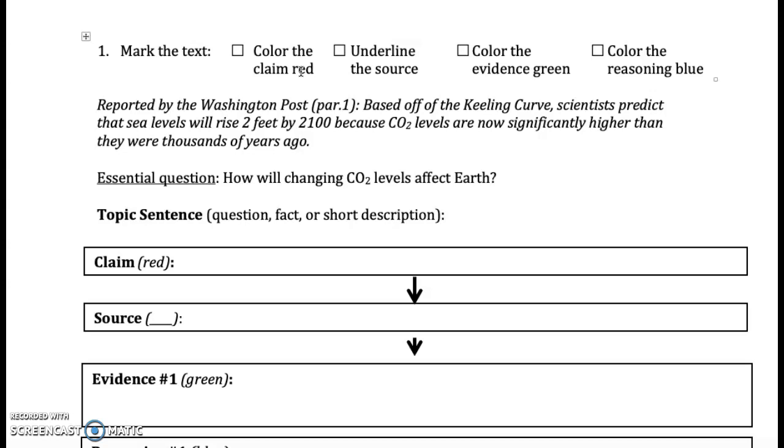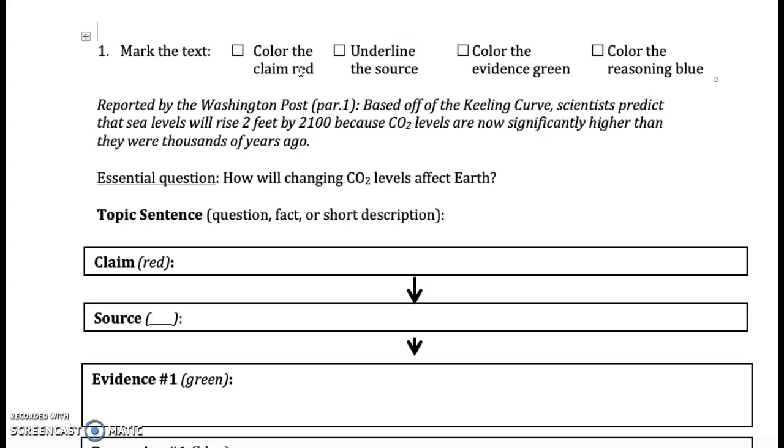So let's start by reading this short little piece of information. It says, reported by the Washington Post, paragraph 1, based off of the Keeling curve, scientists predict that sea levels will rise 2 feet by 2100 because CO2 levels are now significantly higher than they were thousands of years ago. So that's the text that we're basing this CER off of.